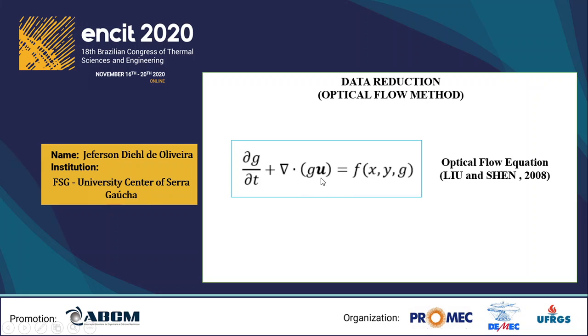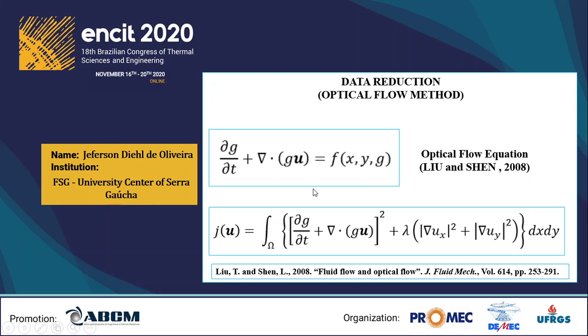In this case it is the velocity, the vector of velocity that we have, with Ux and Uy, and V, F of X, Y, and G represents the boundary and diffusion term.